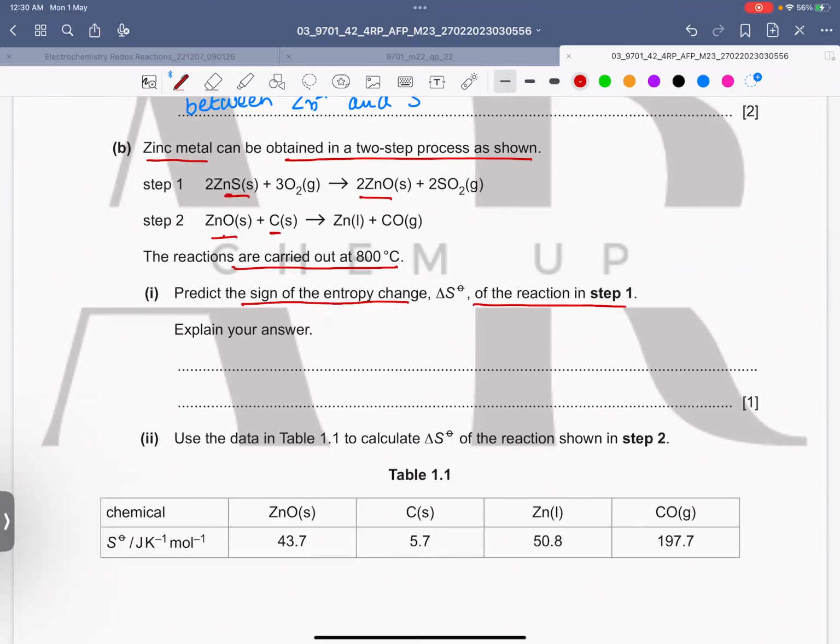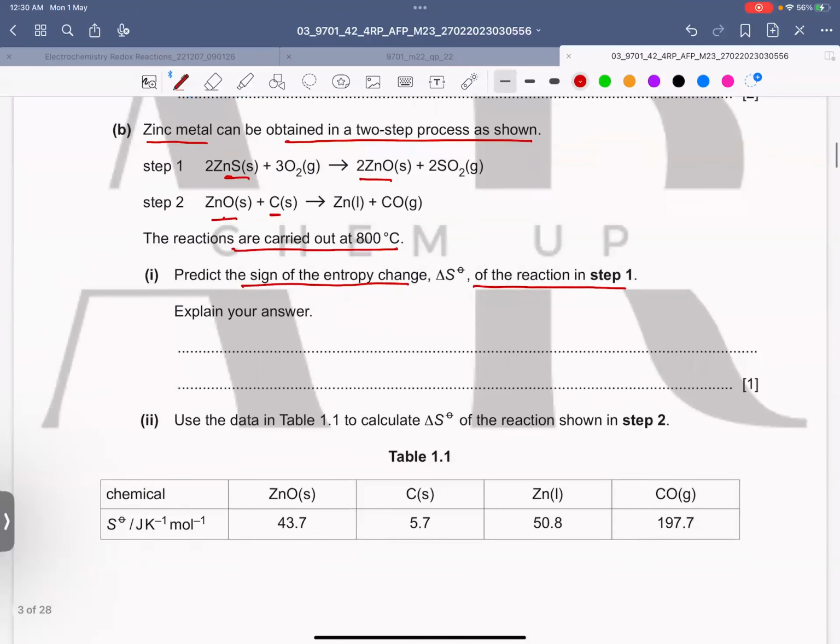Why? Fewer molecules of gas in the product. Yes, very good. There are 2 moles of gases on the product side, and 3 moles of gases on the reactant side. So the entropy decreases, so the change in entropy would be negative.